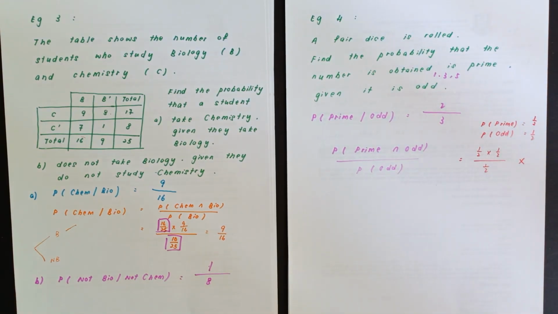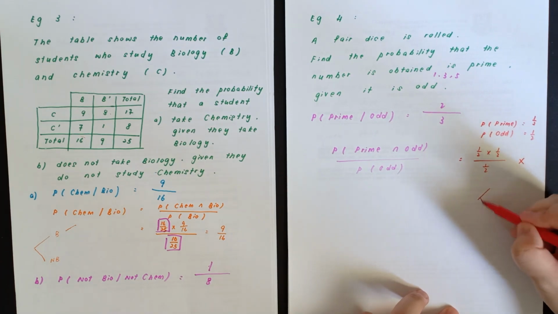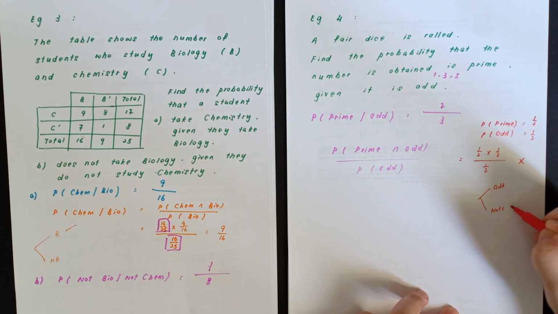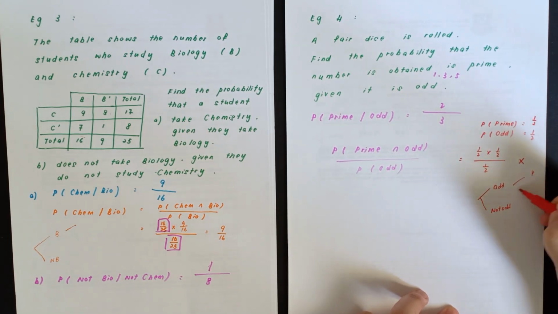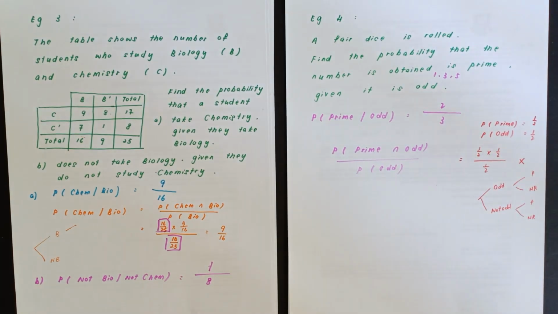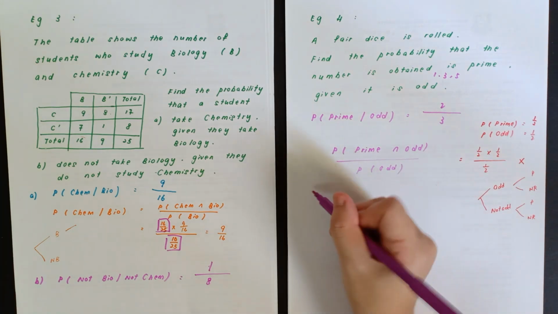Why is that wrong? Because if you try to draw a tree diagram, you will get odd, not odd, then prime and not prime. You are assuming that no matter what happened previously, it is going to be the same after that, which is not correct.